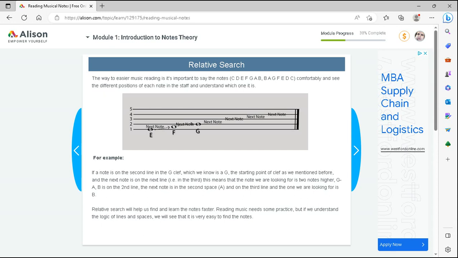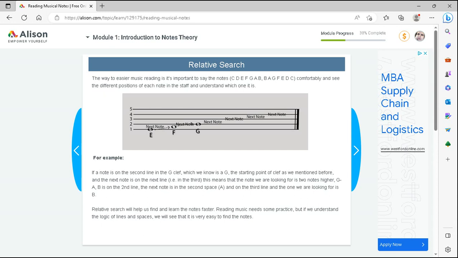For example, if a note is on the second line in G clef, which we know is a G, the starting point of the clef, as we mentioned before, the next note is on the next line, the third, which means the note we're looking for is 2 notes higher. G, A, B. G is on the second line.